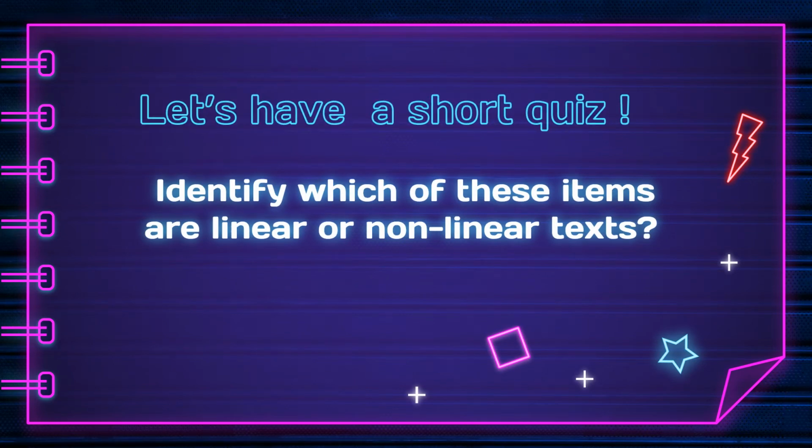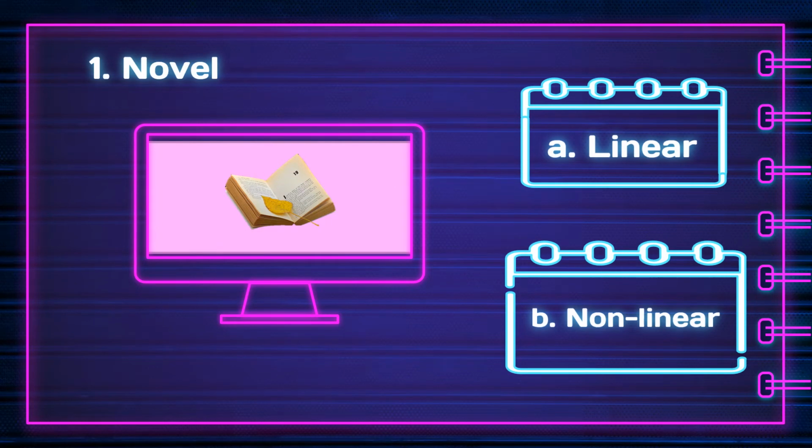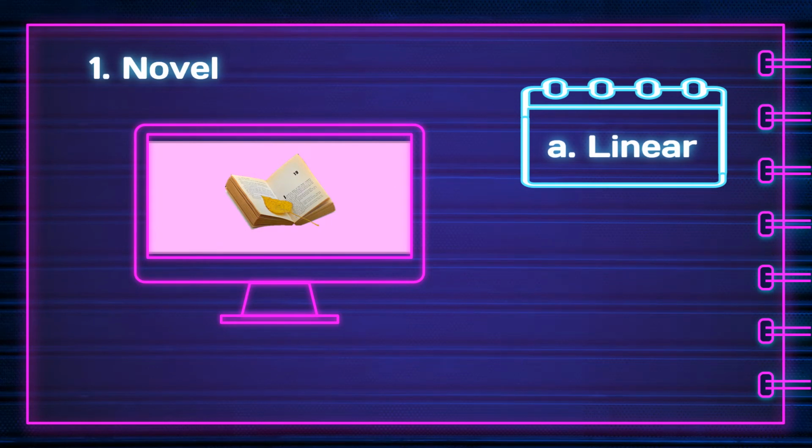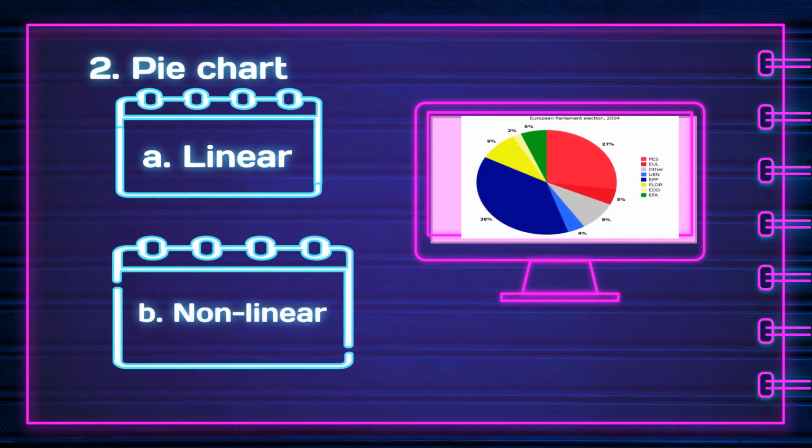Now let's have a short quiz. Identify which of these items are linear text or non-linear text. Number 1. Novel. The answer is linear. Number 2. Pie chart.